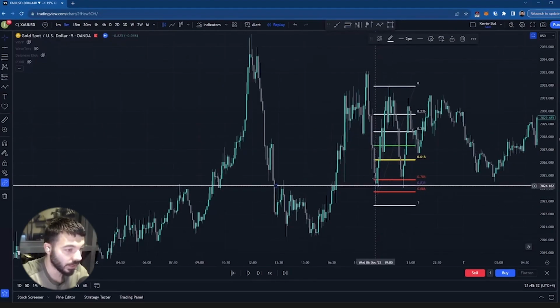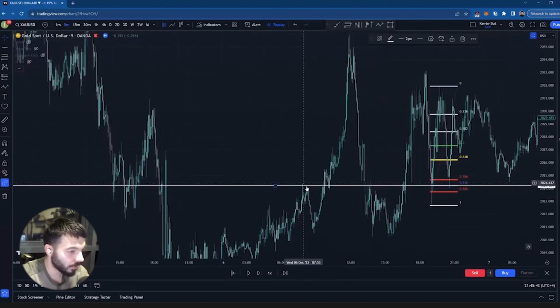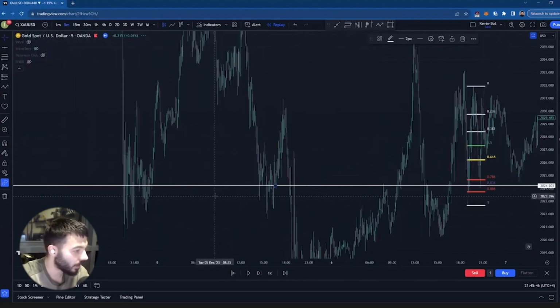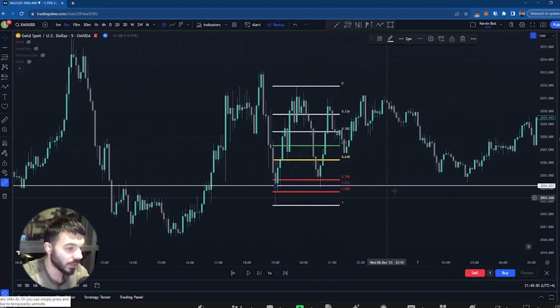There was this zone that came down, it rejected. This zone here, let's say I'm looking to buy now. At this 836, you see it came up, touched, rejected. Here it came up, touched, rejected. Where else? Here, touched, rejected. So that's something that you guys can see as well.